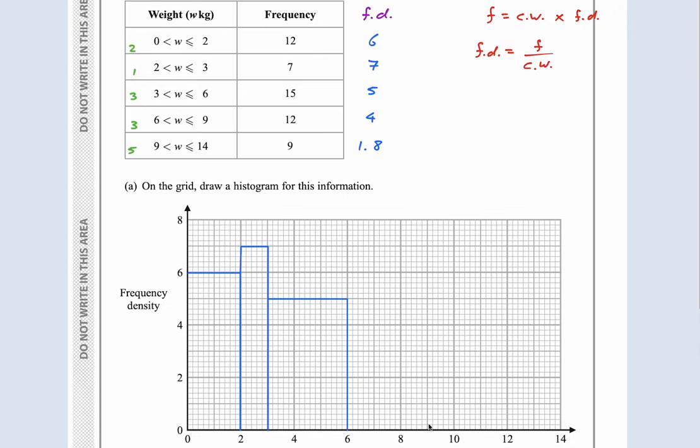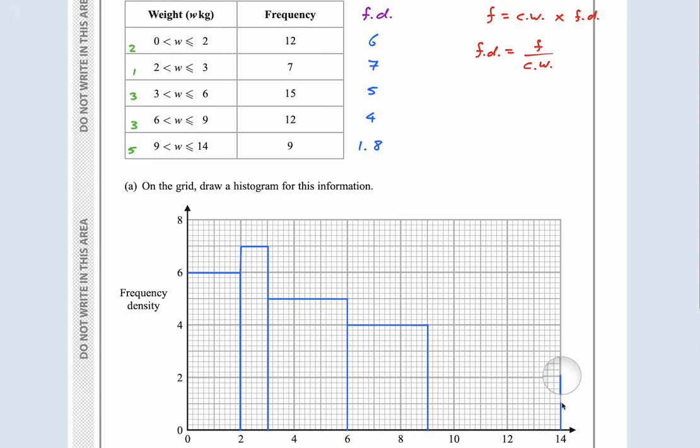6 to 9, 9 is here. 6 to 9 goes to 4, so I need to stop at 4, draw across, and then finally 9 to 14, which will be all the way over here, goes to 1.8.